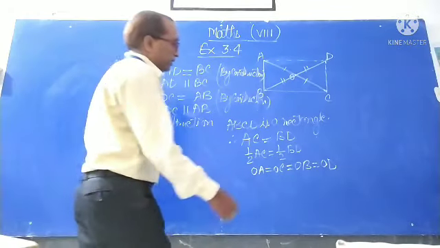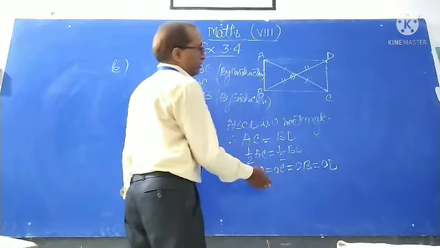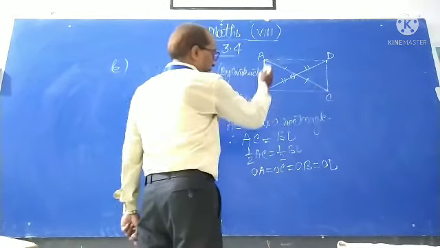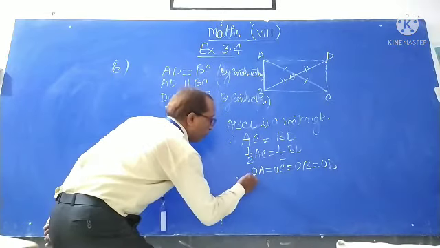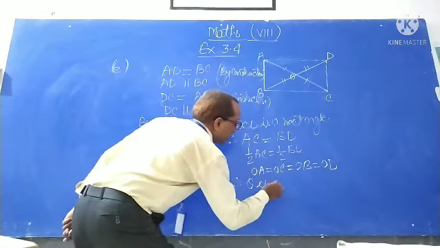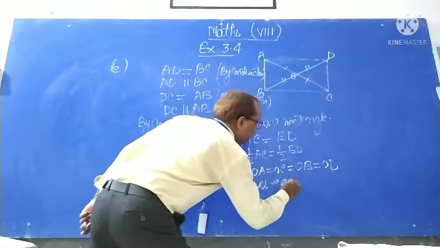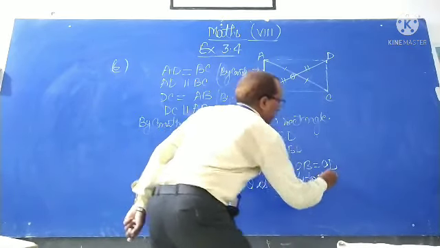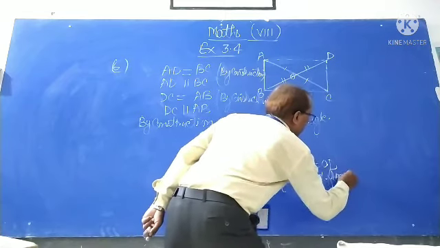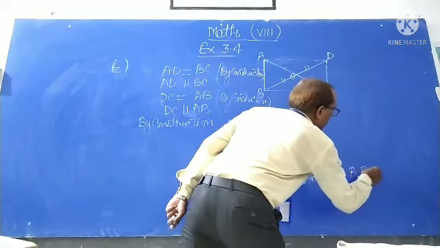Okay, this means O is equidistant from A, B and C respectively. Therefore, O is equidistant from A, B and C.